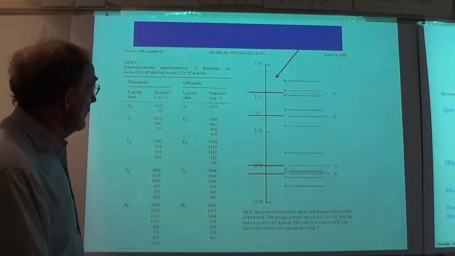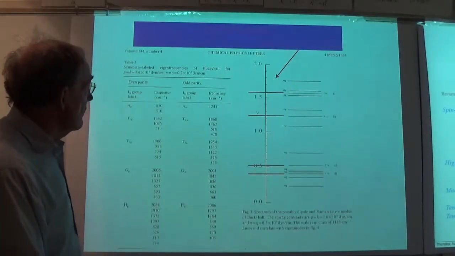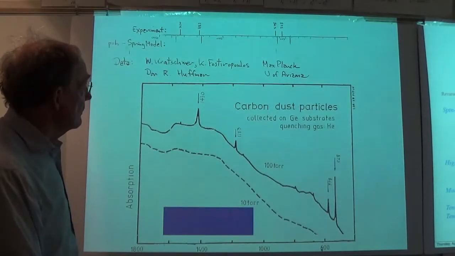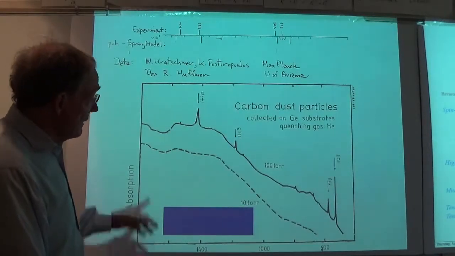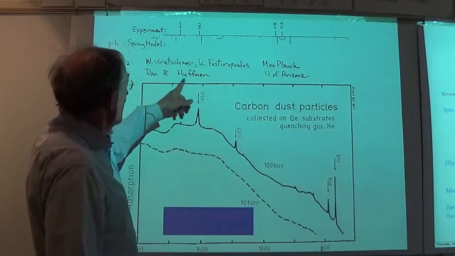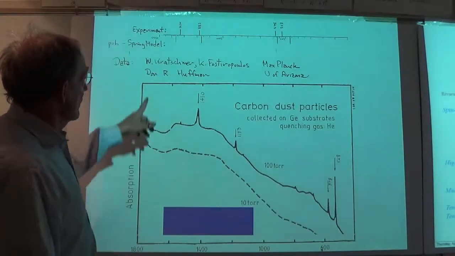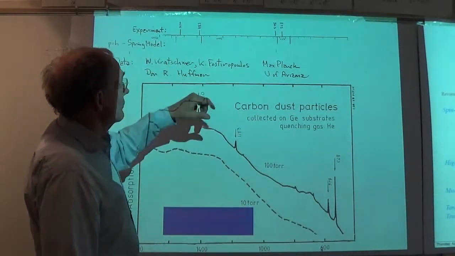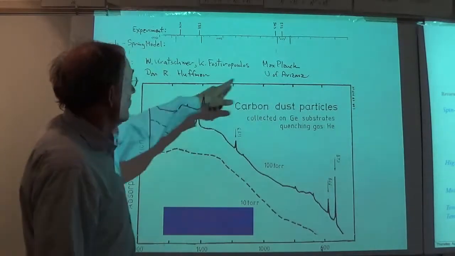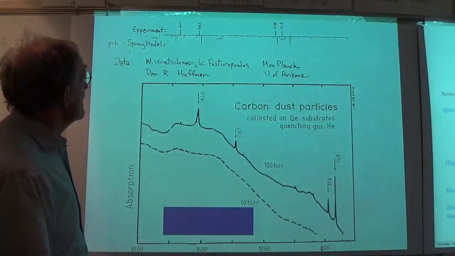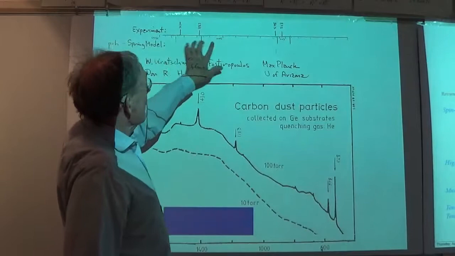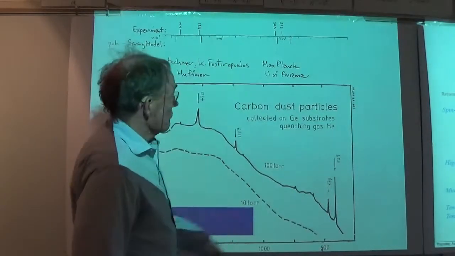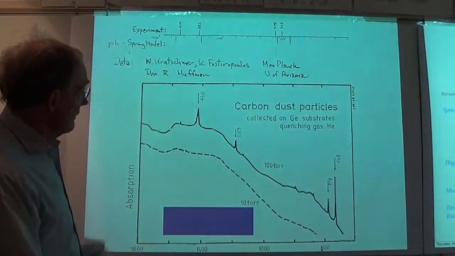And it wasn't until we had pretty much given up, and were going on to other things, that in August, I remember it was in August, I got a fax from Don Huffman, and he was working with Wolfgang Kratschmer and Klaus Berlus at Max Planck. He's at the University of Arizona in his employment. And our spring model and the spectra fit pretty well. Here we go. And there they were.